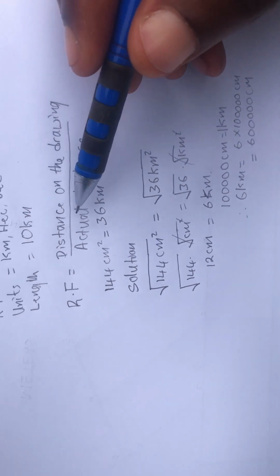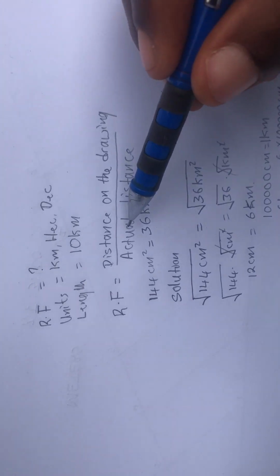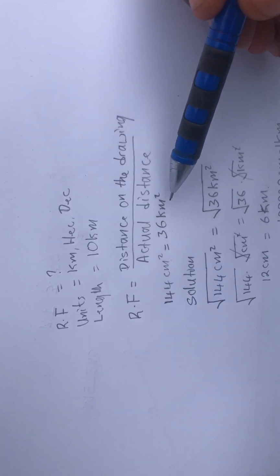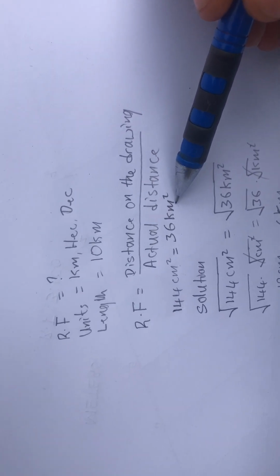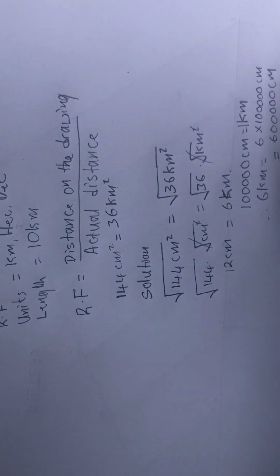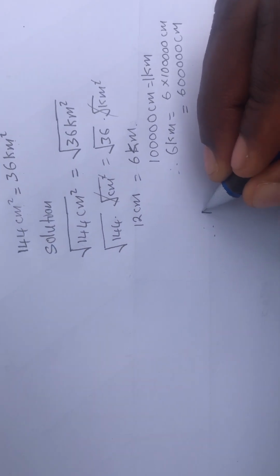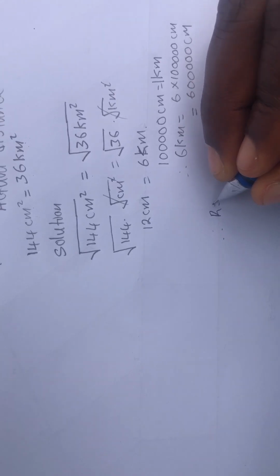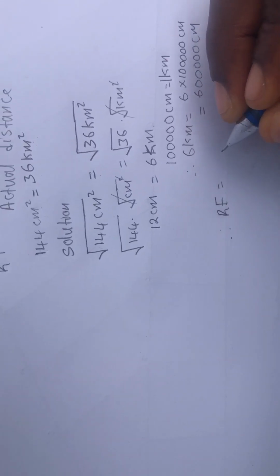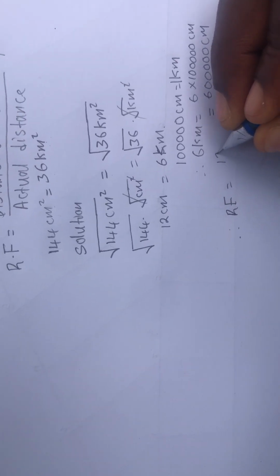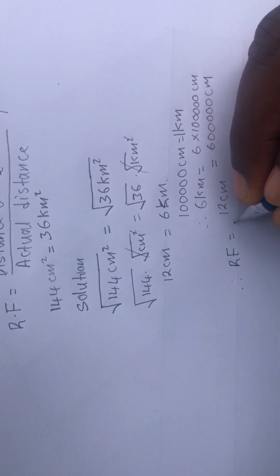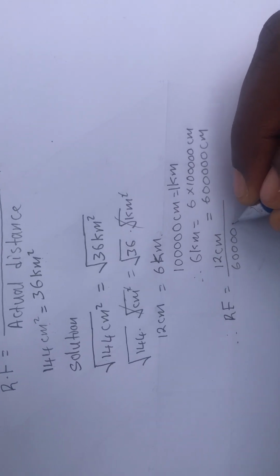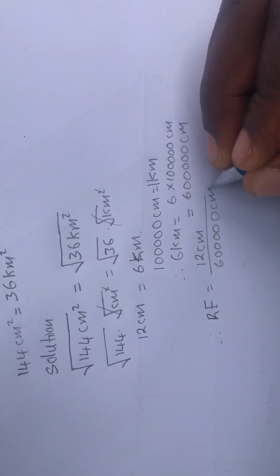If you look at our formula here, RF is saying distance on the drawing over actual distance. So centimeter, which is the smaller unit, is distance on the drawing. The actual distance is 6 kilometer. So we are now going to say, therefore, our RF is equals to 12 centimeter divided by 600,000 centimeter.